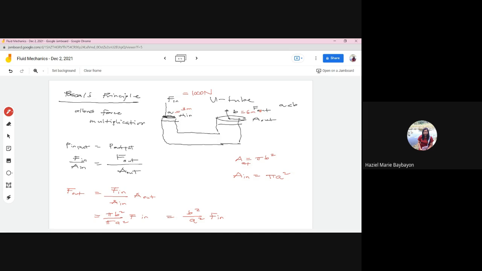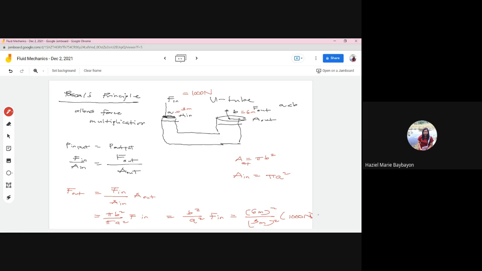So we have B squared, 6 meters squared, divided by 3 meters squared, multiplied by 1,000 newtons.